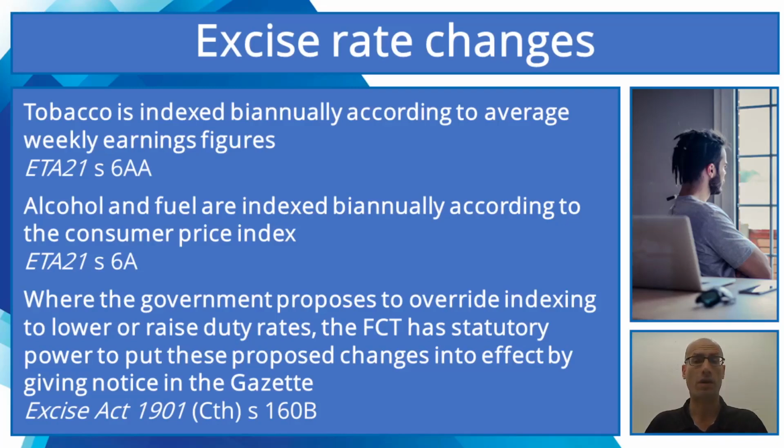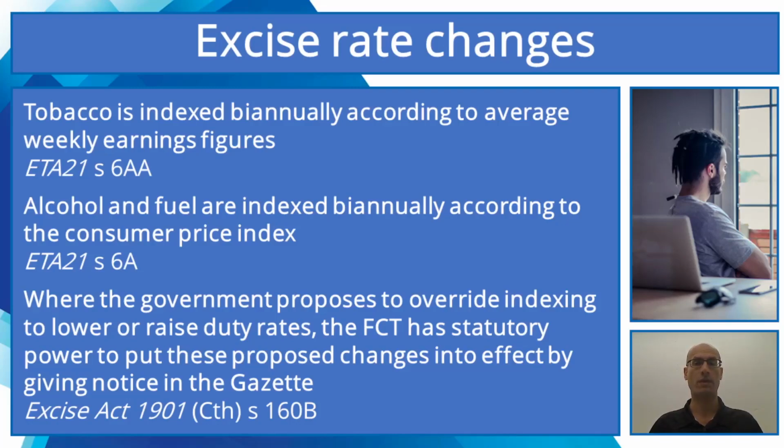Whereas alcohol and petroleum products are indexed according to the CPI. That's basically with inflation. So in situations where wages go up or down separately and distinctly and differently from prices going up and down, the price of tobacco will change according to incomes, whereas the prices of alcohol and fuel will go up according to prices.